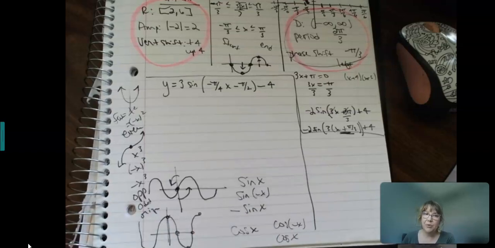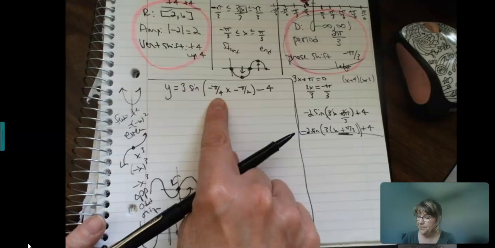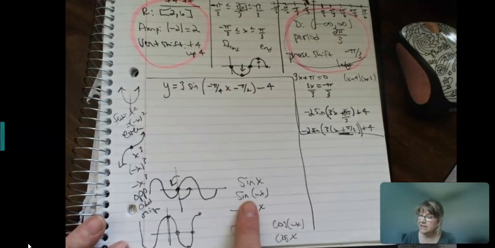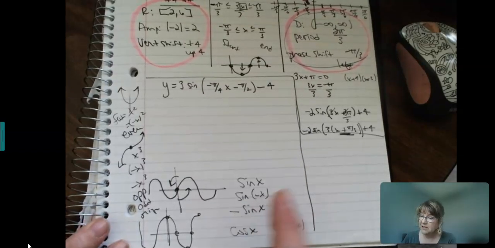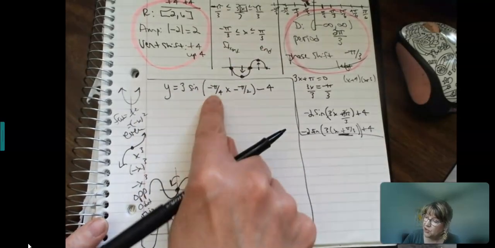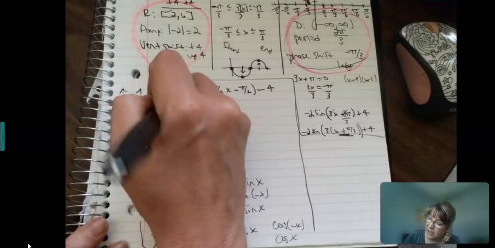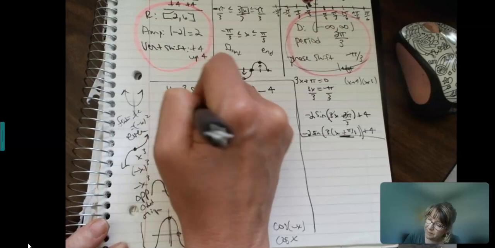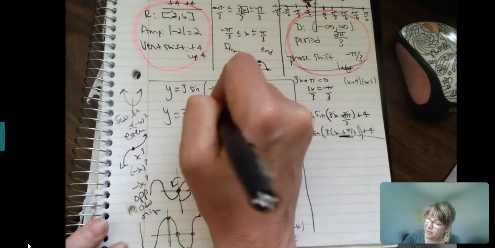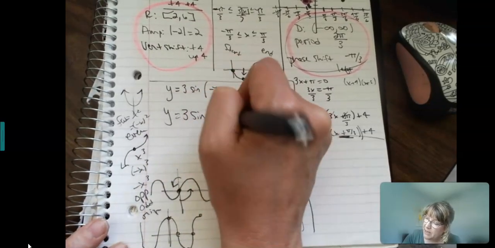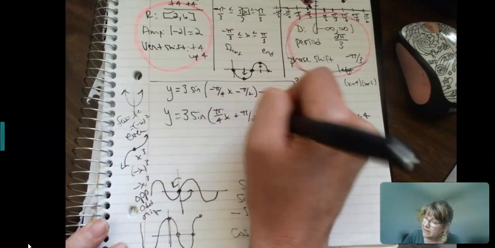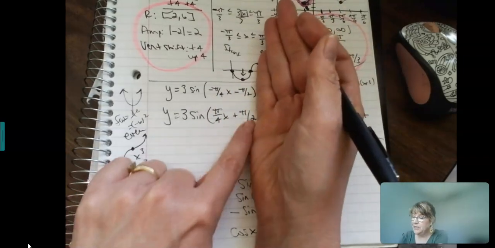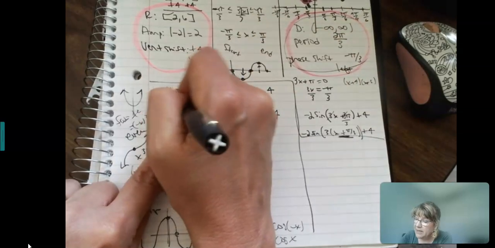The reason this is important is because we can't have a negative here. So you have to know, oh, sine is an odd function. So you're going to pull the negative out front. You're going to take a negative away from both of those. This is separate, you're just pulling it from this part, and I need my negative there.